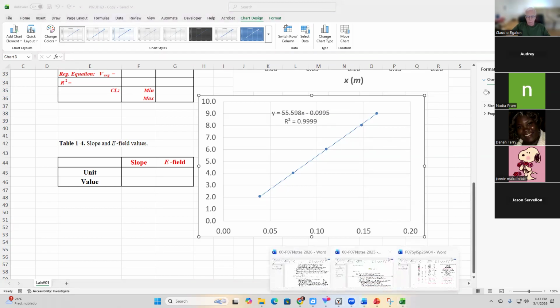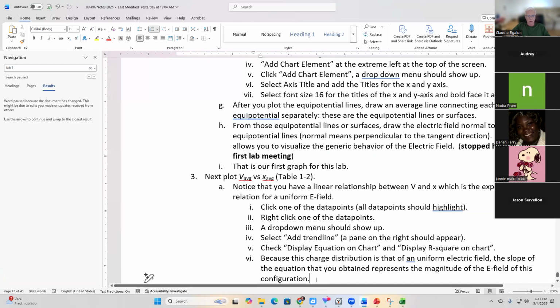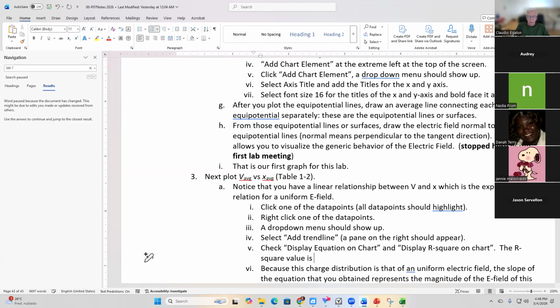The R squared value is called the determination coefficient. Just R, the R value, not the R squared value, is called the correlation coefficient.